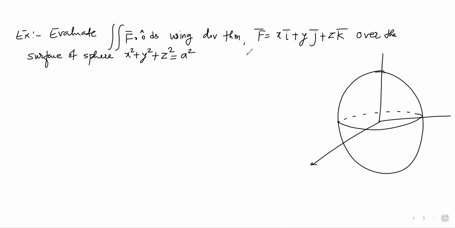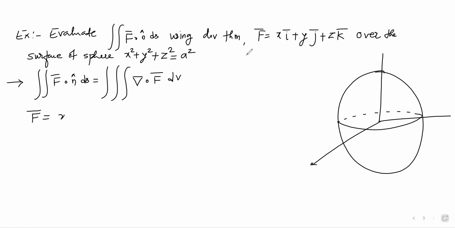Since it is a closed surface, like a ball, we can apply the divergence theorem here. So what is our double integral of F bar dot n cap dS? The relationship is del dot F bar dV. Now what is our F bar?